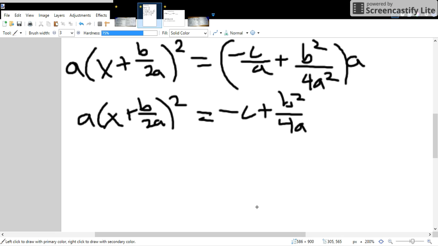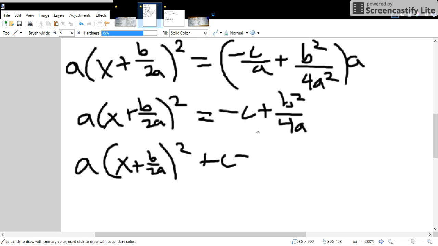Now let's go ahead and move everything to the other side again to get the vertex form: a parentheses x plus b over 2a squared plus c minus b squared over 4a equals 0.